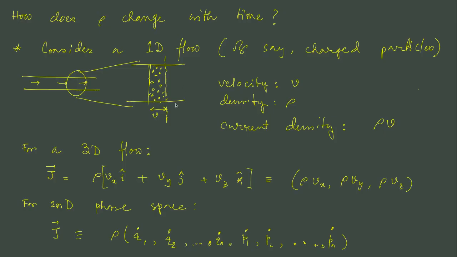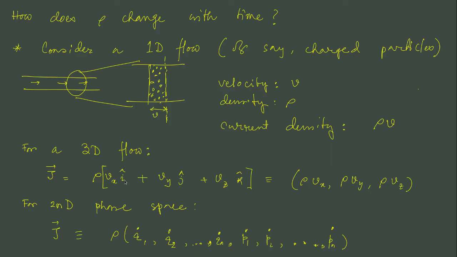This current density, as we defined, is a very useful quantity to understand how a system is flowing. For example, in the case of a three-dimensional flow, we will have the density multiplied by the various components of velocity, vx, vy, and vz.